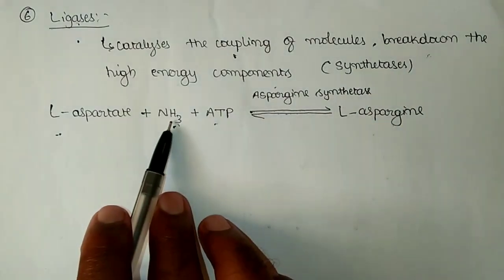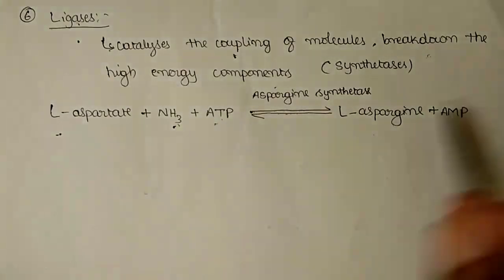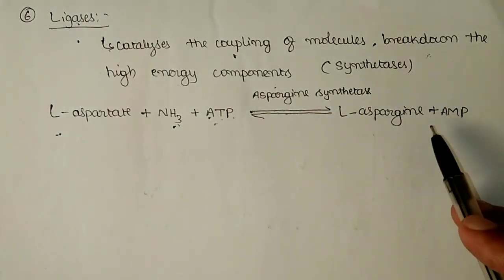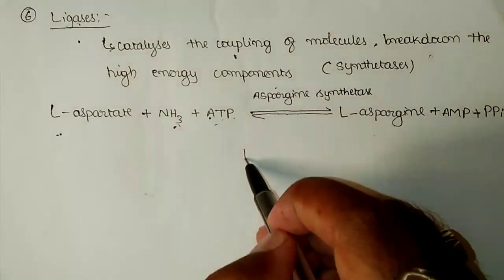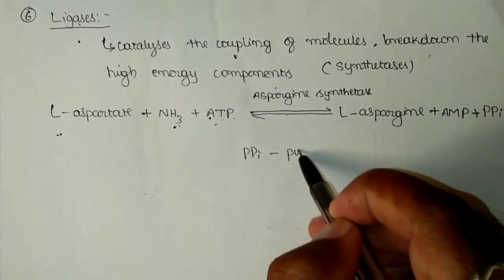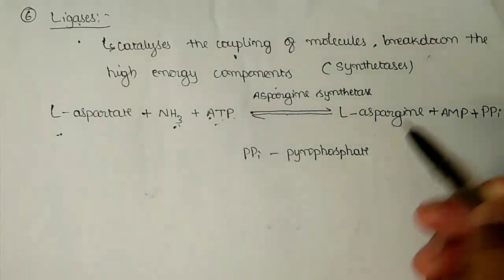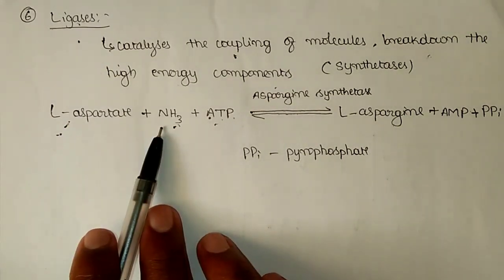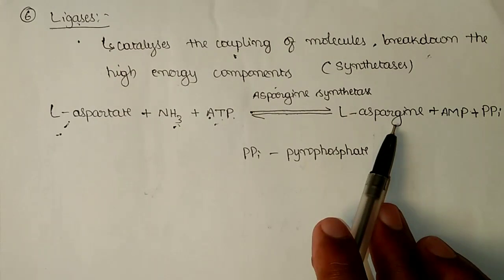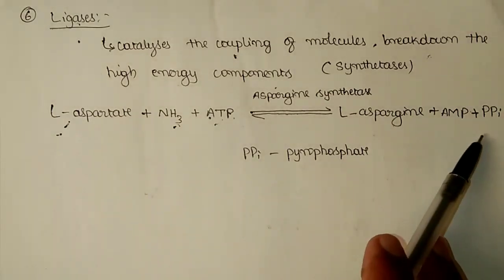So this ATP molecule will get broken down to give AMP, that is adenosine monophosphate, and along with that it gives PPi, pyrophosphate, that is 2 phosphate contents. Here you can observe L-aspartate upon coupling with ammonia in presence of ATP gives L-asparagine, through which the ATP molecule got broken down to give AMP with the production of pyrophosphate.